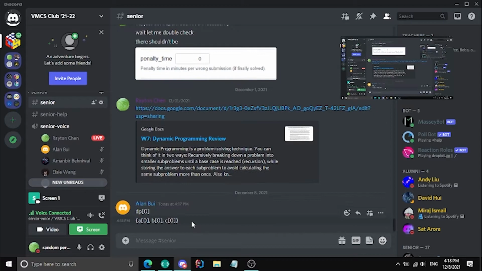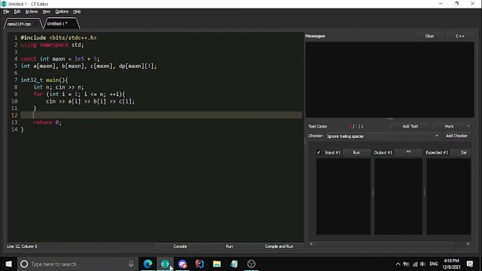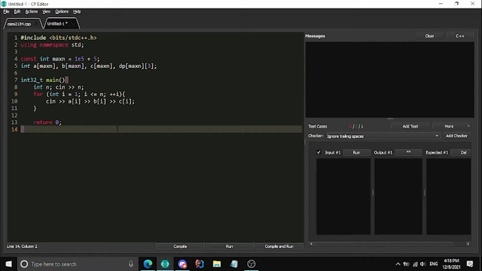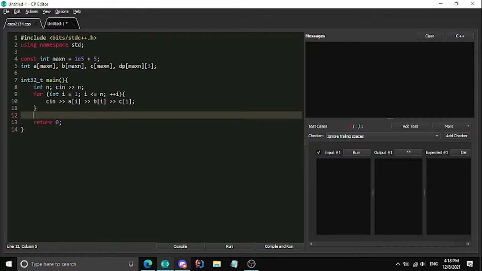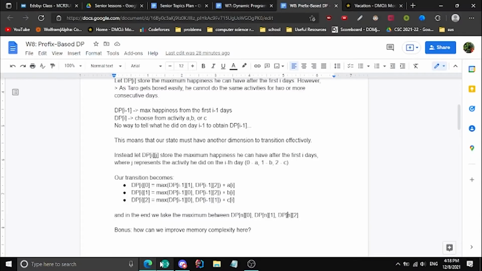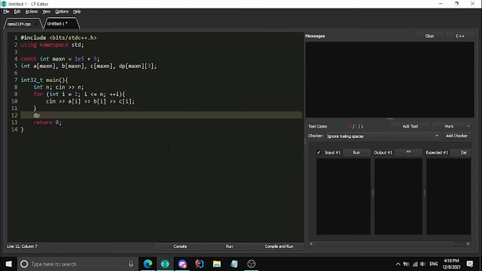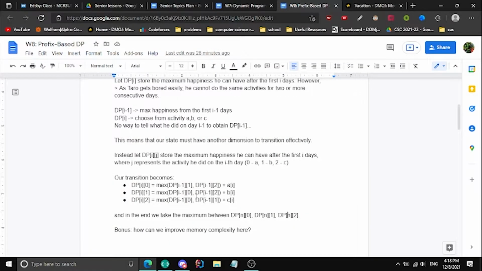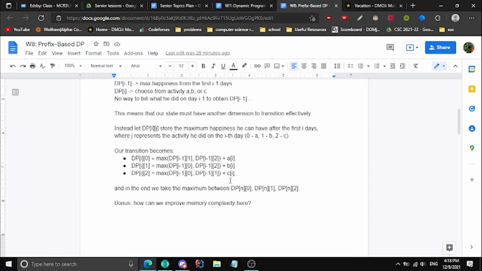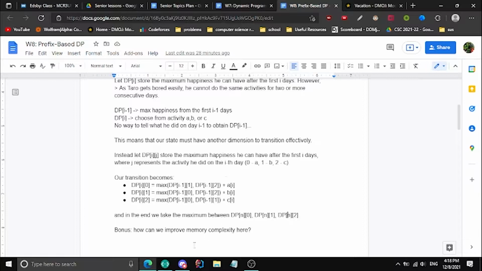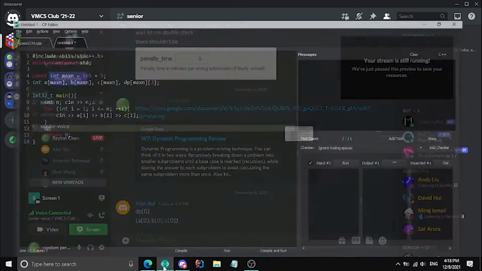Okay, that would be correct. But yeah, I've one indexed my arrays, so I'm going to do this slightly differently. So I'm going to let dp at 0 at 0, dp at 0 at 1, and dp at 0 at 2 all be 0, because after the first 0 days, I'm going to have 0 happiness, right? Because 0 days have passed.